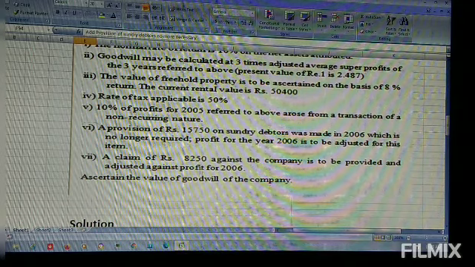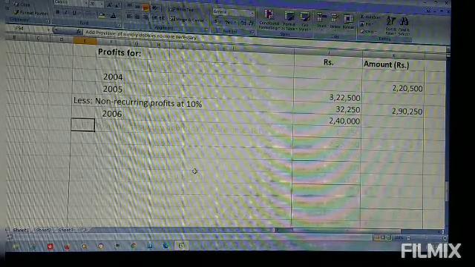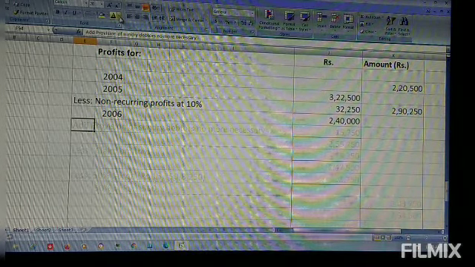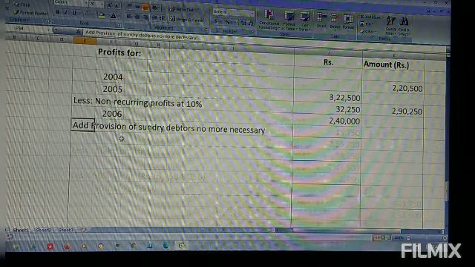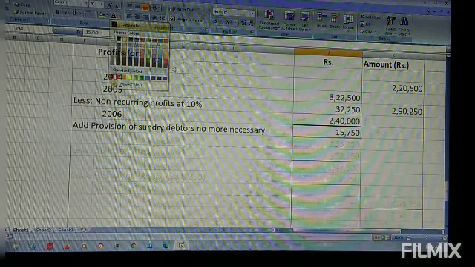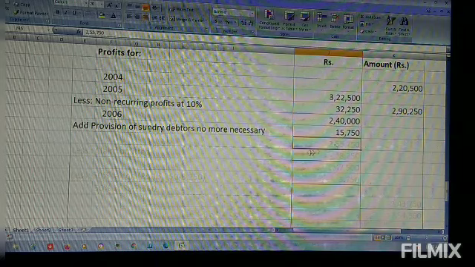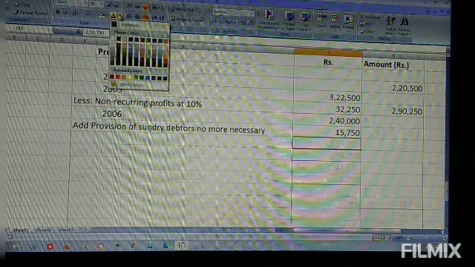Your profit will increase by 15,750. Add the provision of sundry debtors no more necessary. So 2,40,000 plus 15,750 comes to 2,55,750.